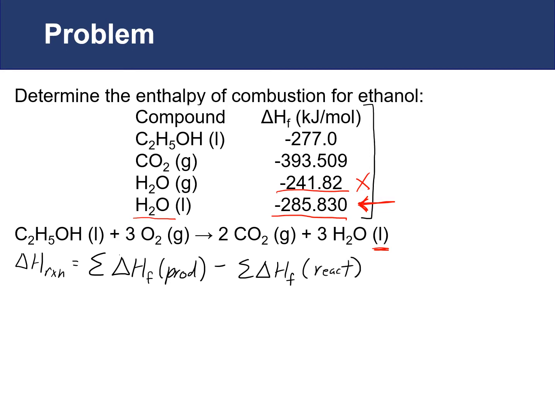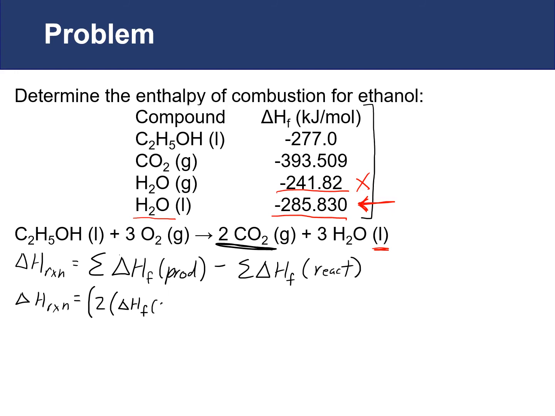So writing this out, filling in our values, our change in enthalpy of reaction is equal, and now we can write out all of our values for our products. So we have two sets of the change in enthalpy of formation for carbon dioxide.